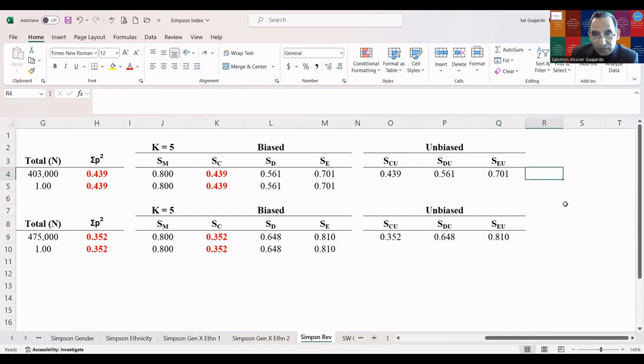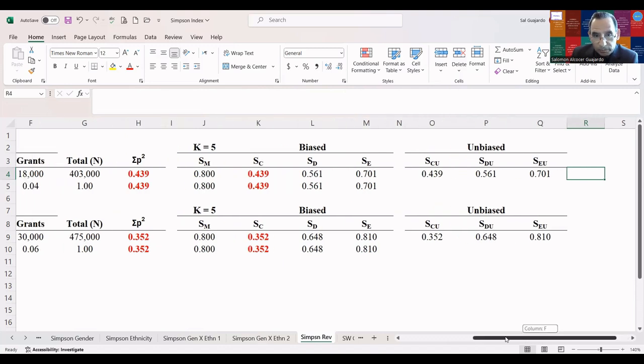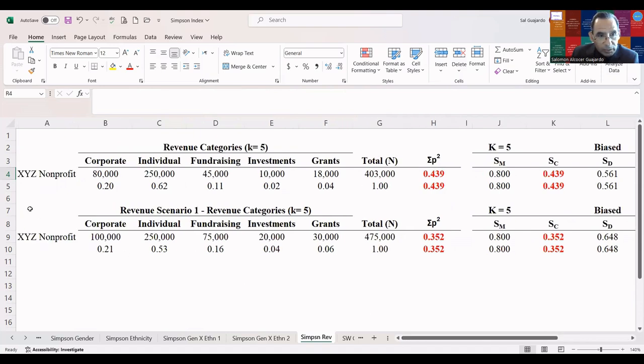Again, as I mentioned, I do not recommend using the unbiased score for revenue, especially since the numbers get very large and you're going to get the same identical score. What I did here for revenue scenario 1, I'm just illustrating how increasing the corporate donations from 80,000 to 100,000 increases the percentage to 21%.